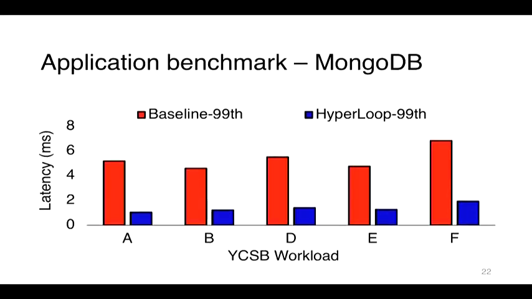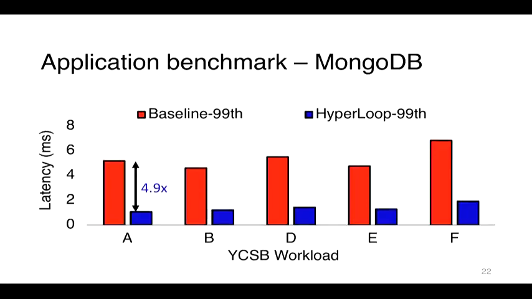Here, the x-axis is the different YCSB workload, and y-axis represents the latency for running each workload. We emulate the case where 10 tenants are co-located. We can see that HyperLoop can reduce tail latency of MongoDB for all workloads. For instance, it reduces tail latency by around 5 times for workload A.